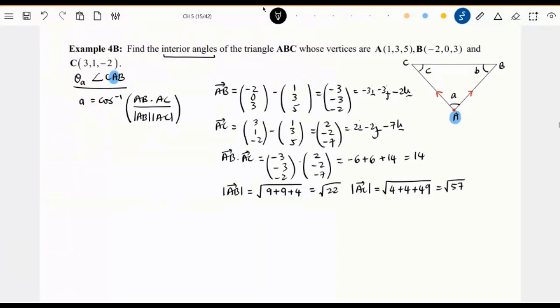Now kita dah ada magnitude, dot product. So substituting into the formula here will be inverse cos of 14 bahagi dengan square root 22 square root 57. Dapat berapa? Kira?